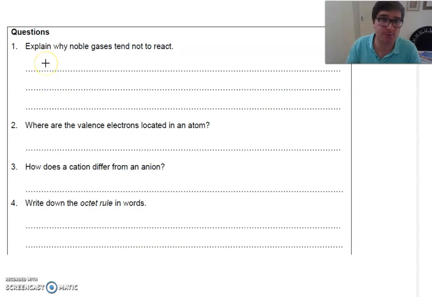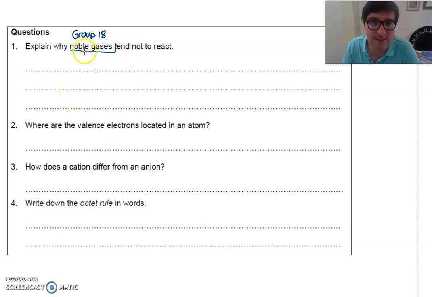Okay, so the first question asks of us, explain why noble gases tend to not react. Now, I remind you that noble gases are found in group 18 of the periodic table. Now let's talk about what is needed for an atom to react. Well, we said that reactivity is related to the electron configuration.